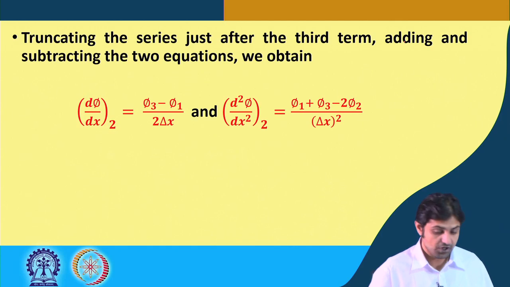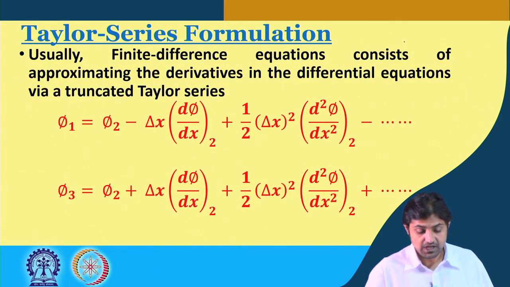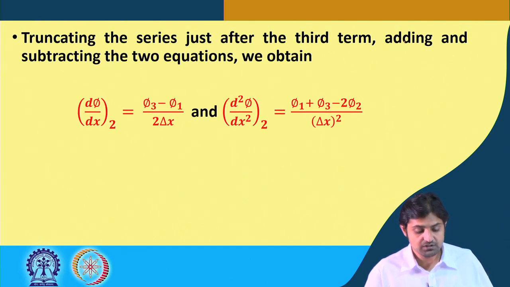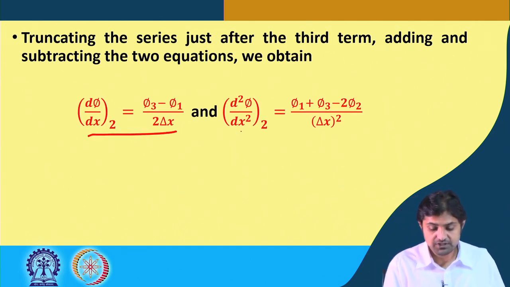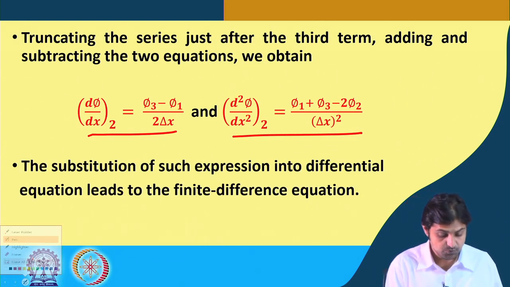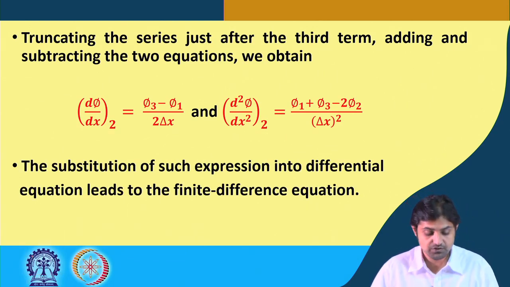Okay. So, what we have seen here is that we have used the truncated Taylor series in general to write these values phi 1, phi 3 and phi 2, and once we add and once we subtract those, we get terms like these. So, the substitution of such expressions into the differential equation leads to the finite difference equation.